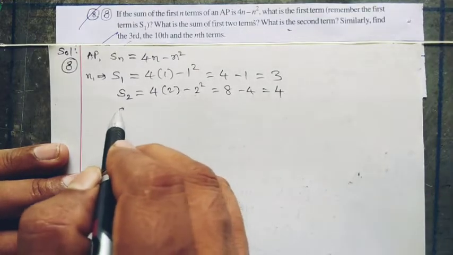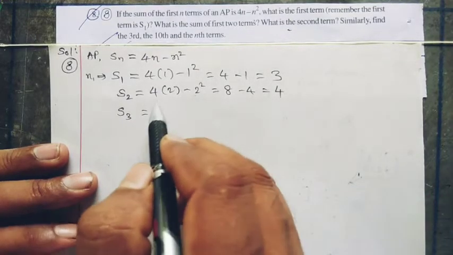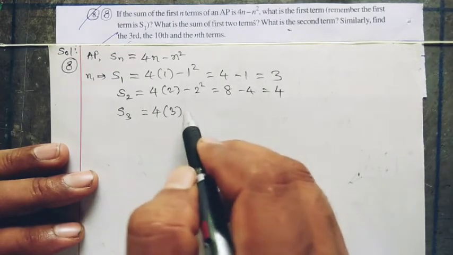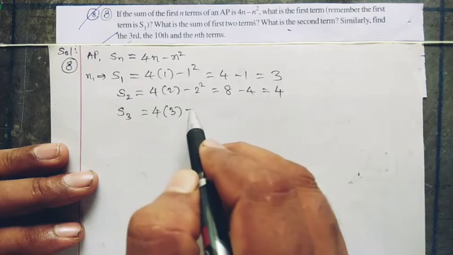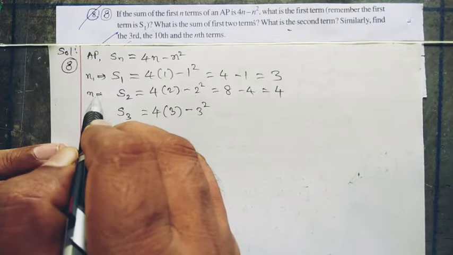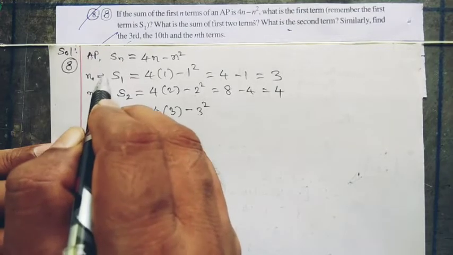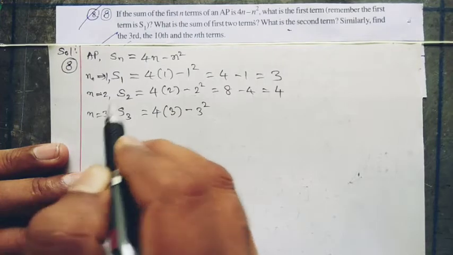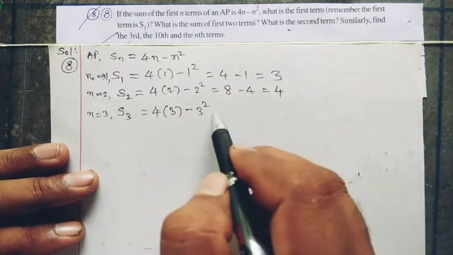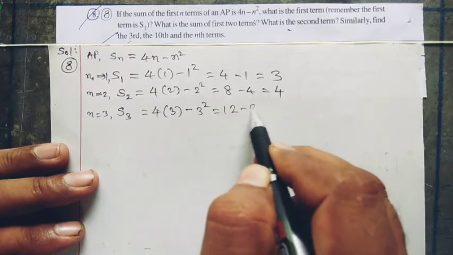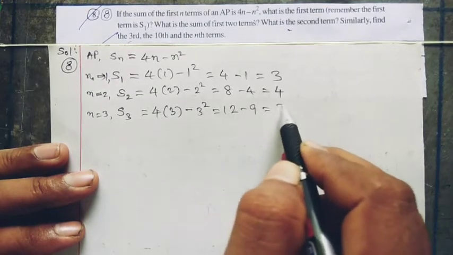So S3: 4 × 3 - 3² = 12 - 9 = 3. Here n = 1, n = 2, n = 3.